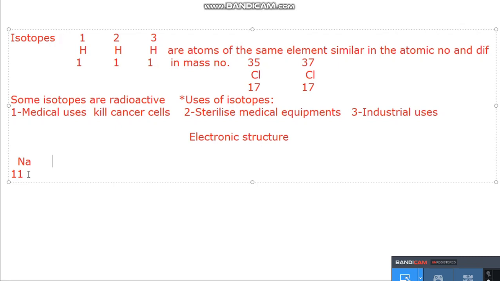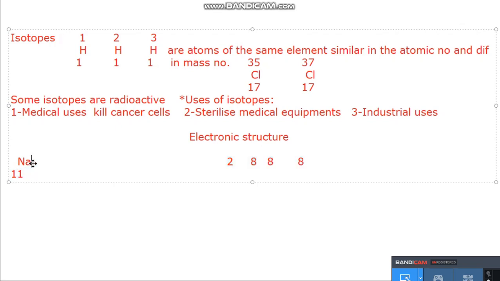What about sodium? To distribute these electrons, we have a rule. The first energy level takes 2 electrons, the second one carries 8, the third one 8, and so on. Sodium has 11 electrons.